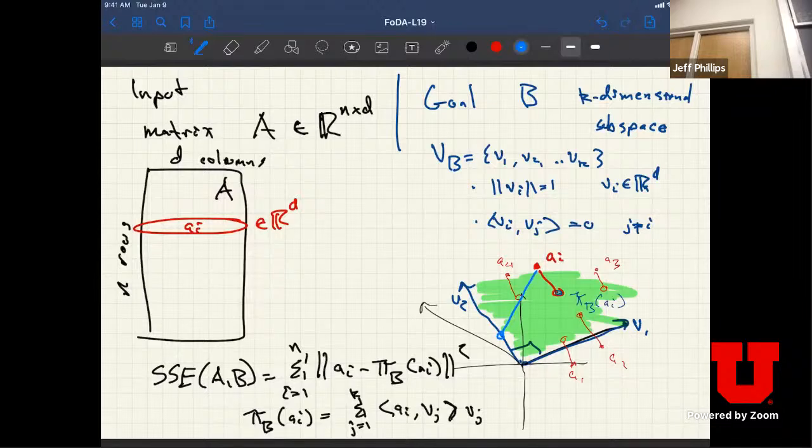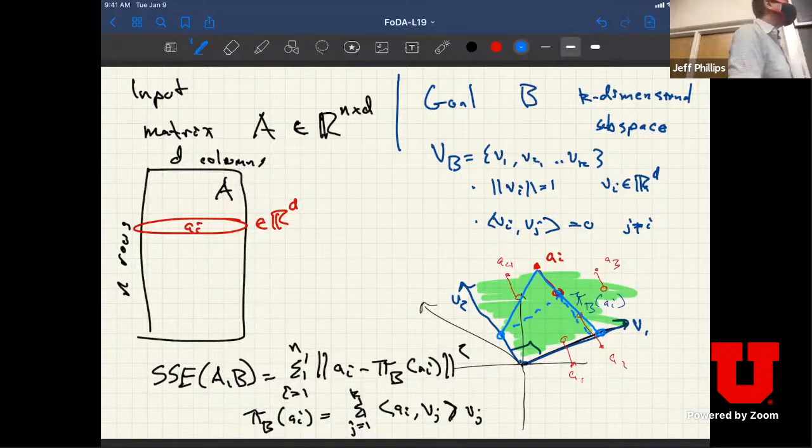So I'm adding up these d-dimensional points, and this recovers a point in R^d, which ends up being right here. I can also project onto this other vector, and that gives me that point.